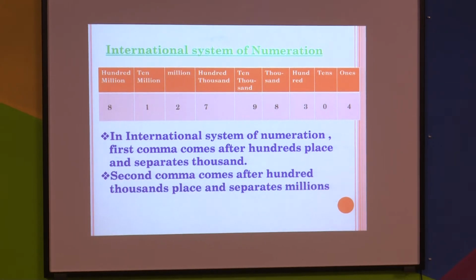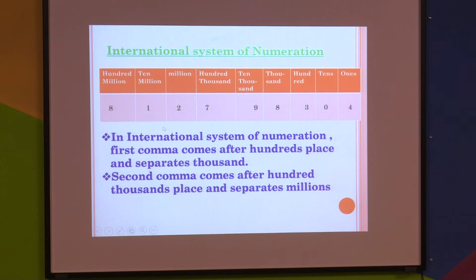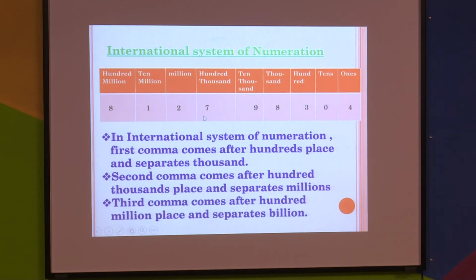The second comma comes after hundreds and separates millions. The comma comes between 2 and 7. The third comma comes after the hundreds of millions place and separates billions. So, after million there is also billion. So, the comma comes after 8.